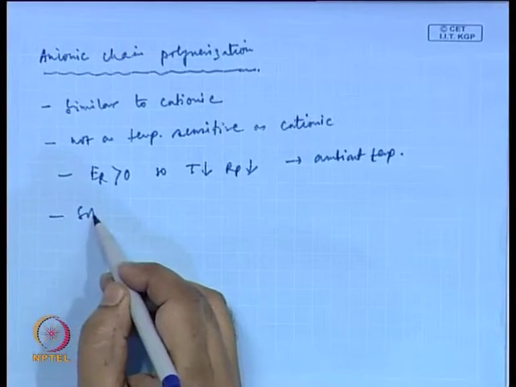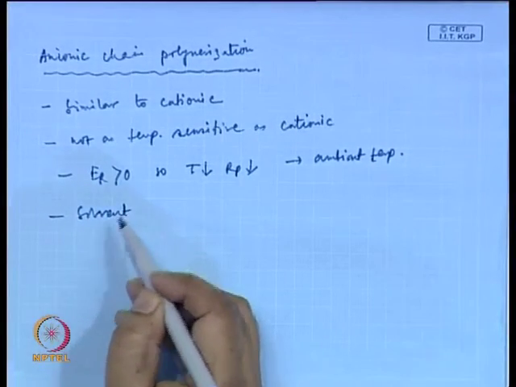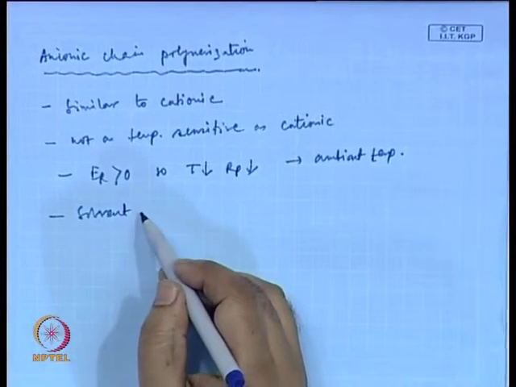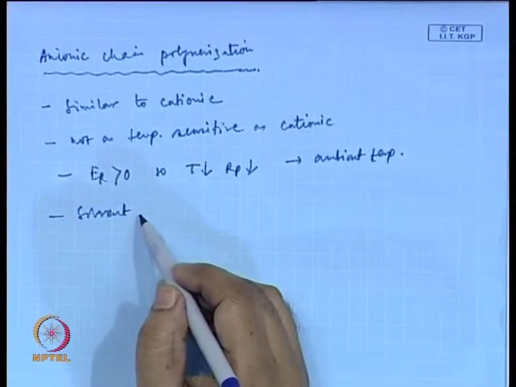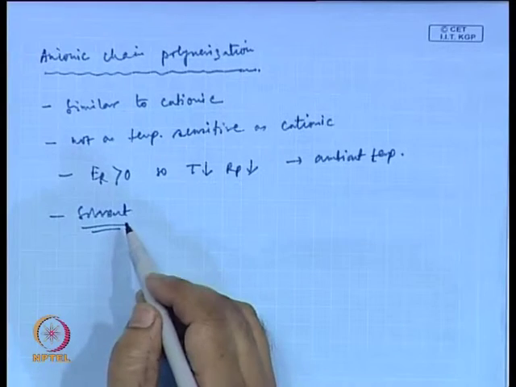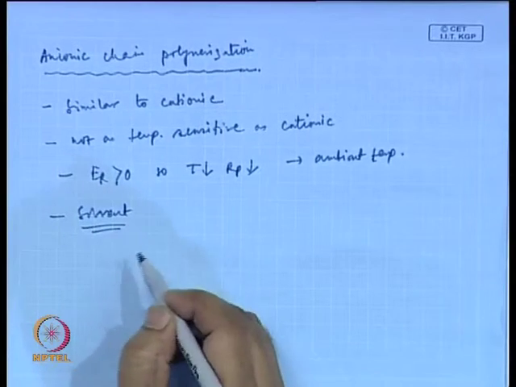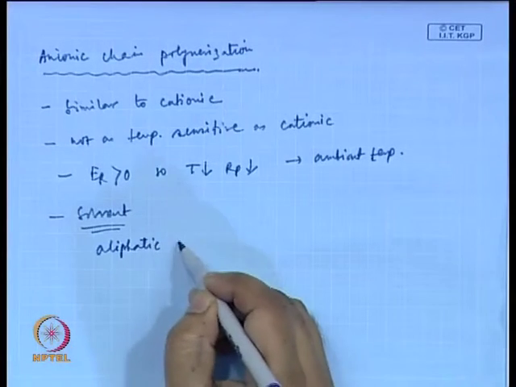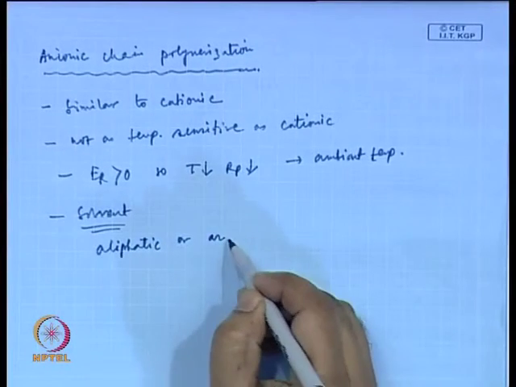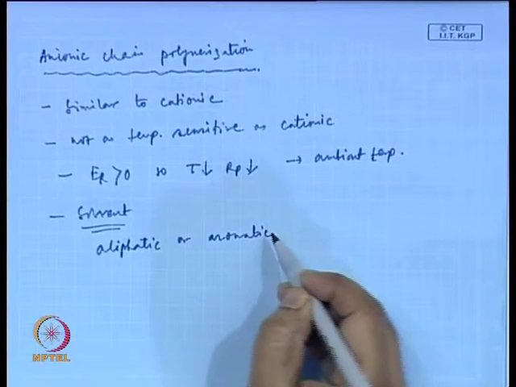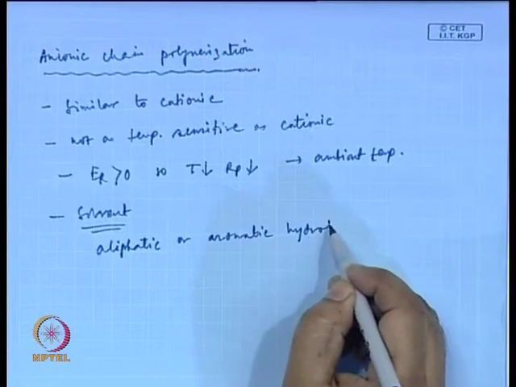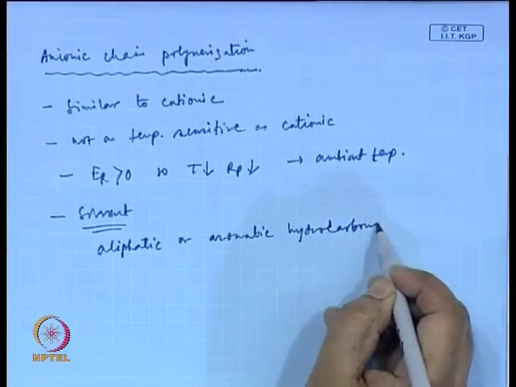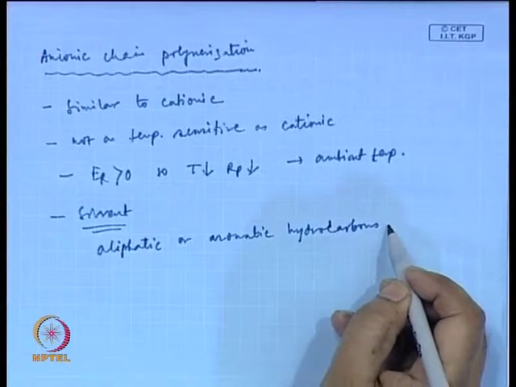The solvent is very important, even more so in the case of anionic polymerization. The solvents mainly used are aliphatic or aromatic hydrocarbons.